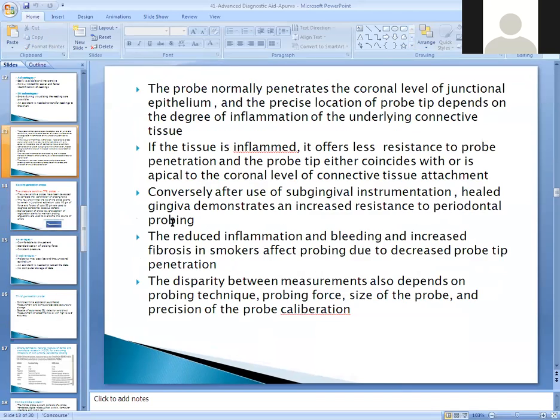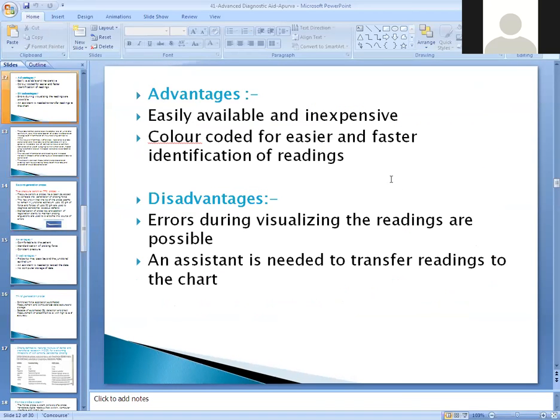See, I'm sharing one slide where the advantages of these manual probes, or first generation probes, are listed. Are you able to see this? Yes, ma'am. So, advantages and disadvantages of manual probe. Disadvantages are related to errors in visualizing the reading, and an assistant is needed to transfer to the chart, because while recording a case history, two students record one single case history, and it is very difficult to locate the pocket and at the same time write in your chart.